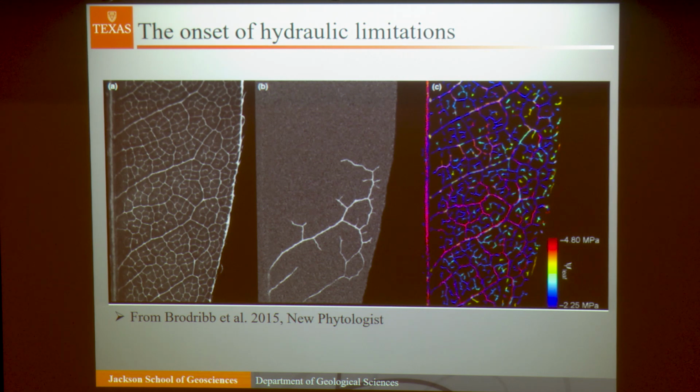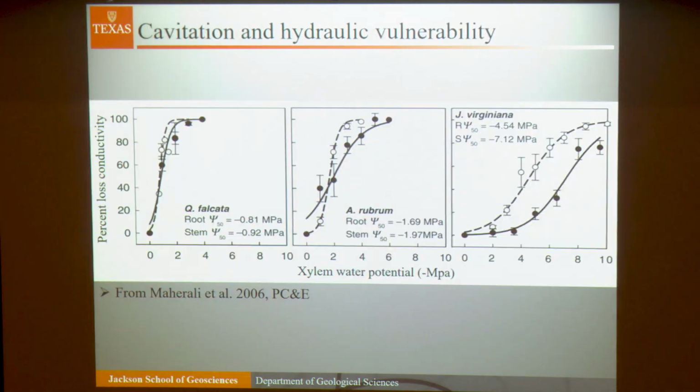And so when we think about that as the hydraulic system overall, we often think about pressure volume curves, or our percent loss in conductivity from cavitation with respect to the water potential gradient. And so different plants experience water potential differences differently. Some of them are very tolerant of this hydraulic stress, or large hydraulic gradients developing, like Juniperus virginiana on the far side, and others are not so tolerant of large hydraulic gradients, like the Quercus falcata that's closest to me.